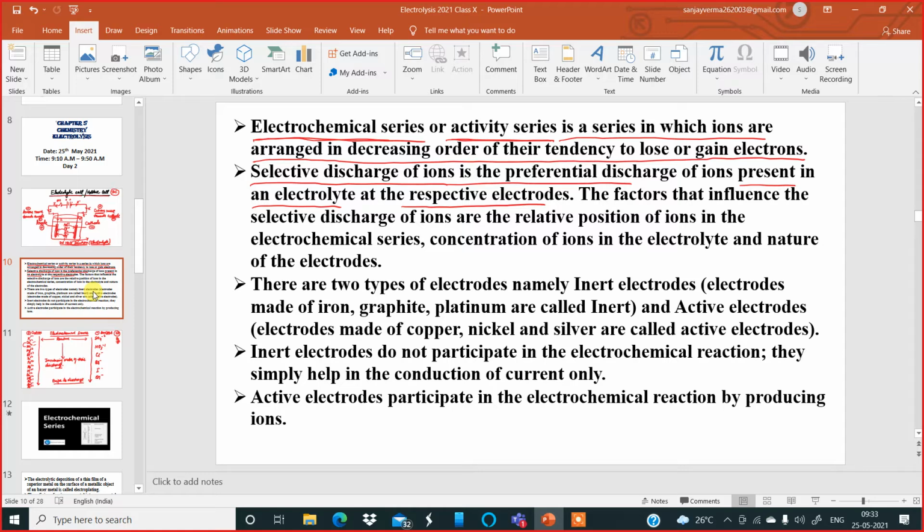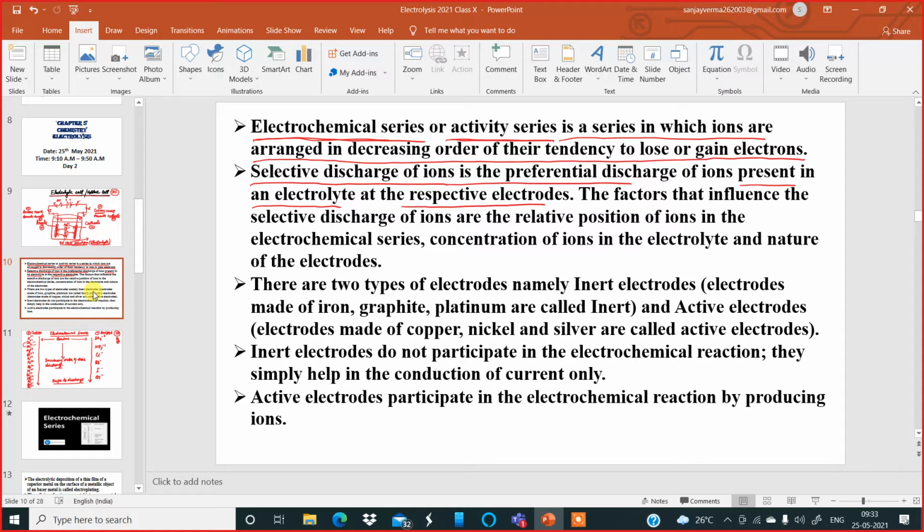That means if in an electrolytic solution there are two positively charged ions, the ion which is placed lower in the electrochemical series will be preferred to discharge. That is called selective discharge of ions.